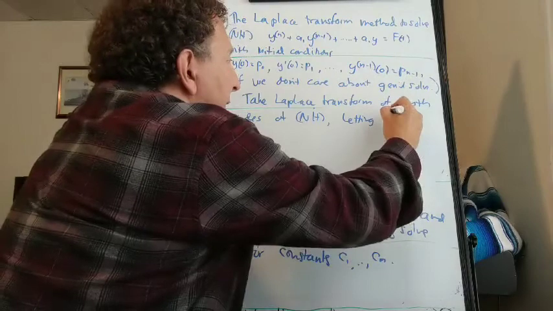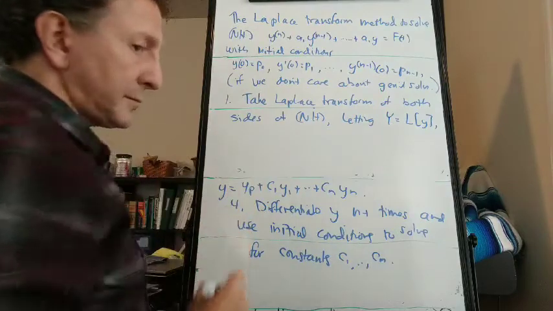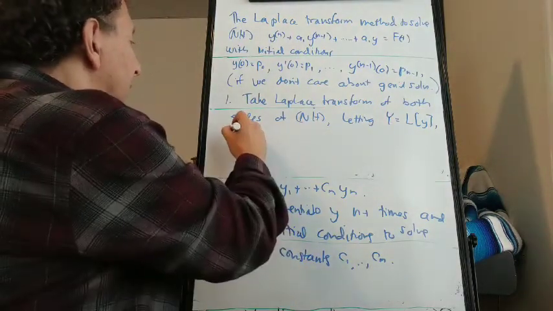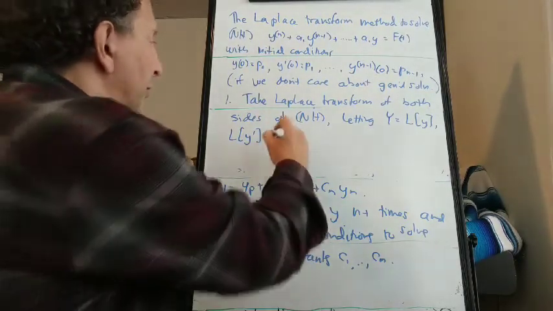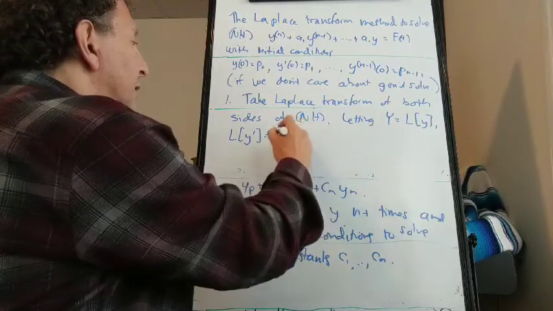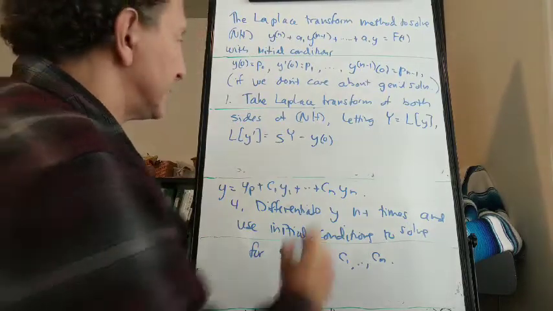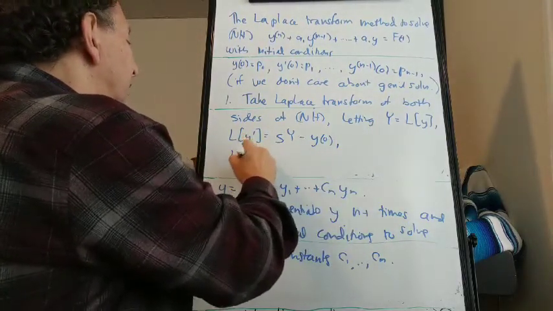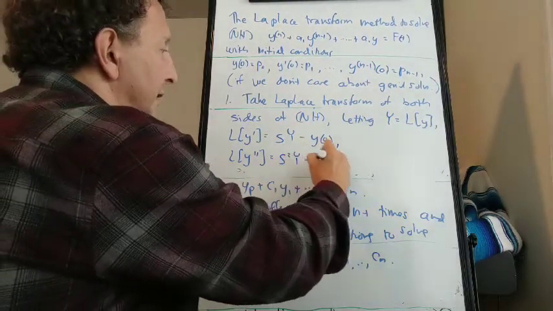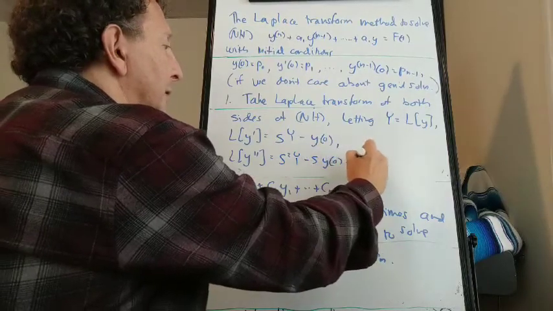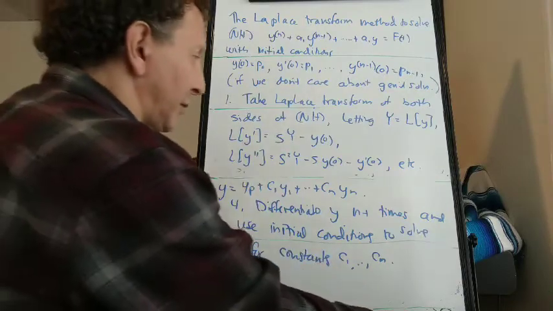So we'll let capital Y be the Laplace transform of little y, and the Laplace transform of y prime by the derivative rule is going to be s times Y minus y of 0, and the Laplace transform of the second derivative of y by the derivative rule is going to be s squared Y minus s times y of 0 minus y prime of 0, etc. So we'll do that with as many derivatives as we find.